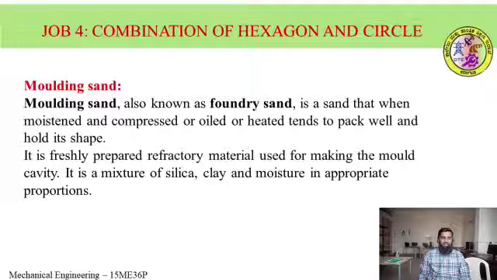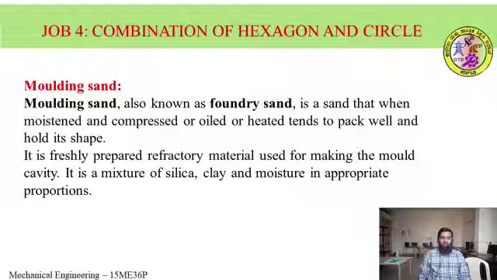Molding sand is very important. That is also known as foundry sand. The sand, when it is moistened and compressed or oiled or heated, tends to pack well and hold its shape. It is freshly prepared refractory material used for making the mold cavity.